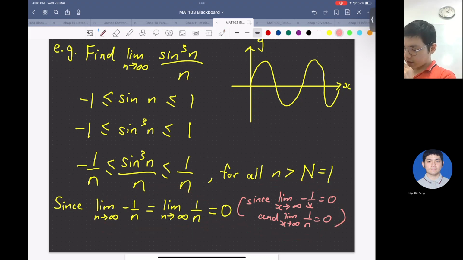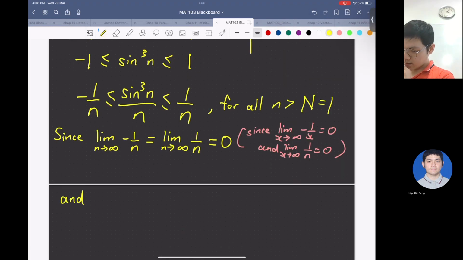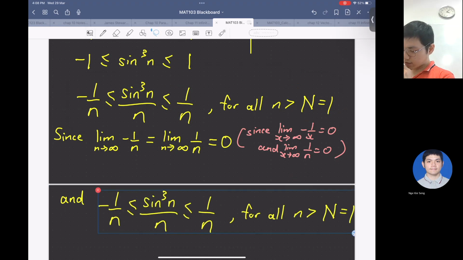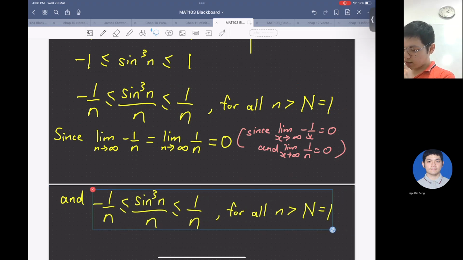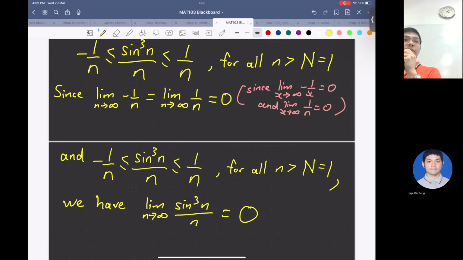After you conclude this, then since this is 0 and this is true, and this sequence is squeezed between -1 over n and 1 over n, we have the limit of the middle sequence also converges to 0.